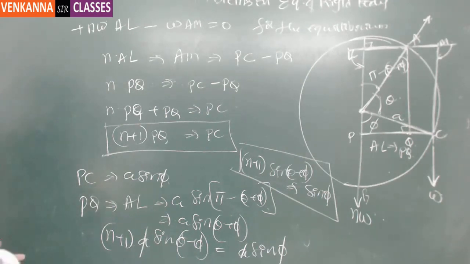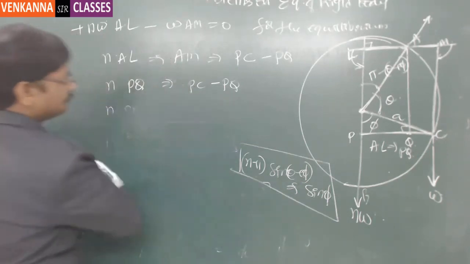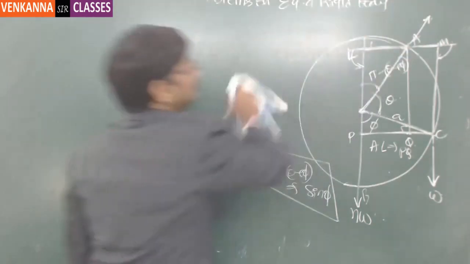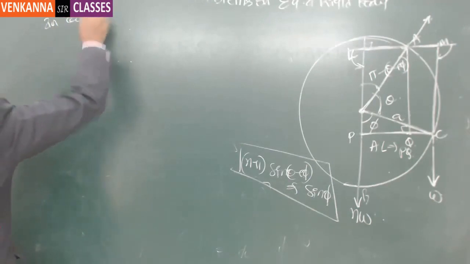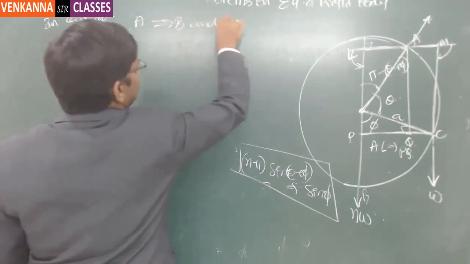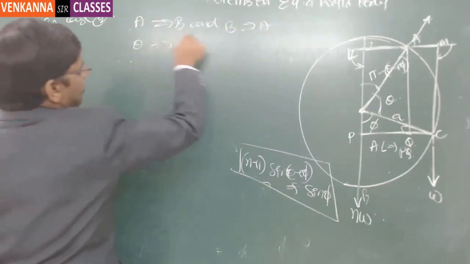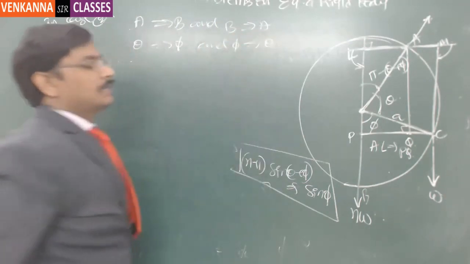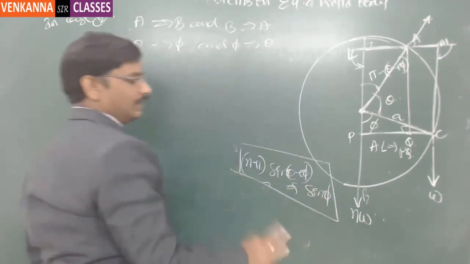Okay. So in case 2, A becomes B and B becomes A, and theta becomes phi and phi becomes theta. So this is the case. That means exactly the same relation without making any difference.